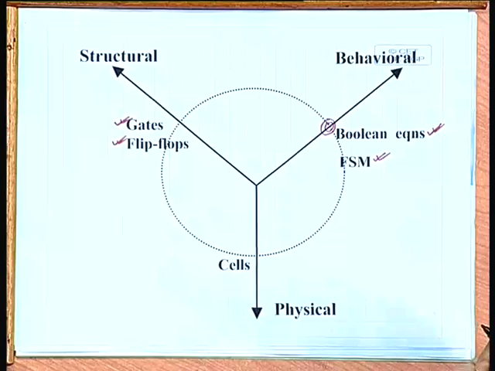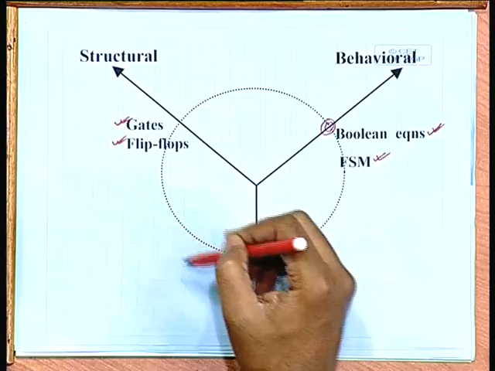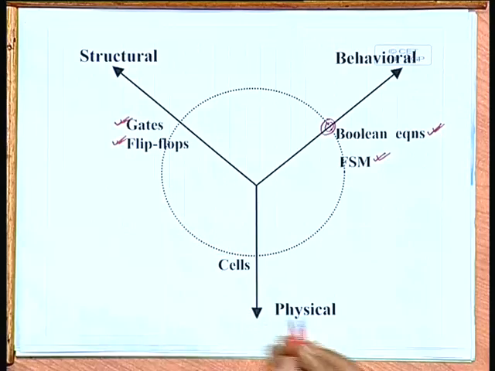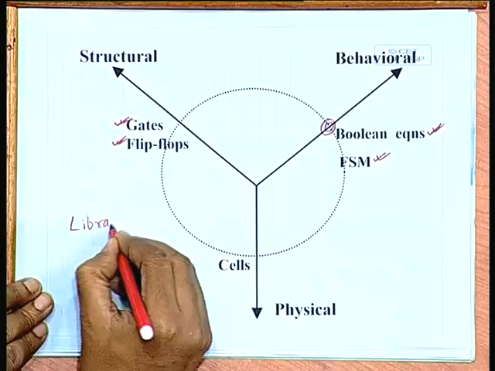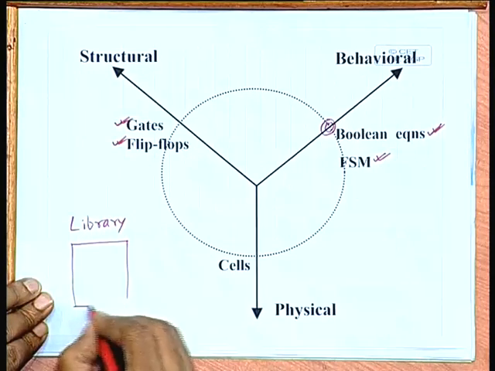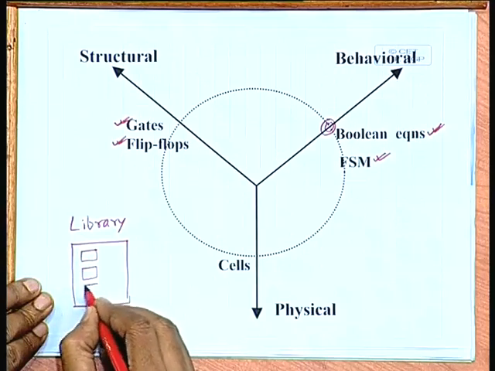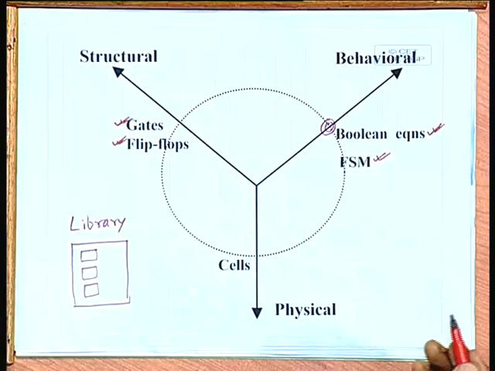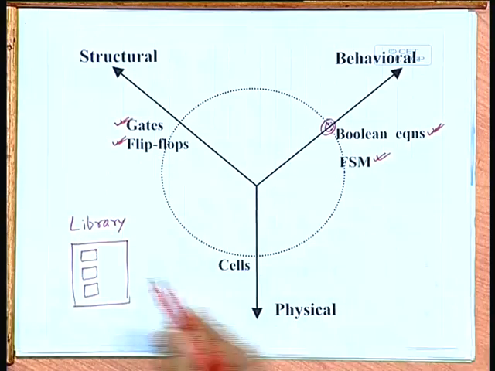Now, talking about the physical implementation at the level of gates and flip-flops, normally when you are working through the back-end CAD tool, there is something called a library. It is sometimes also called a technology library. In the library you have the standard components already available, like gates, flip-flops, simple arithmetic logic units.